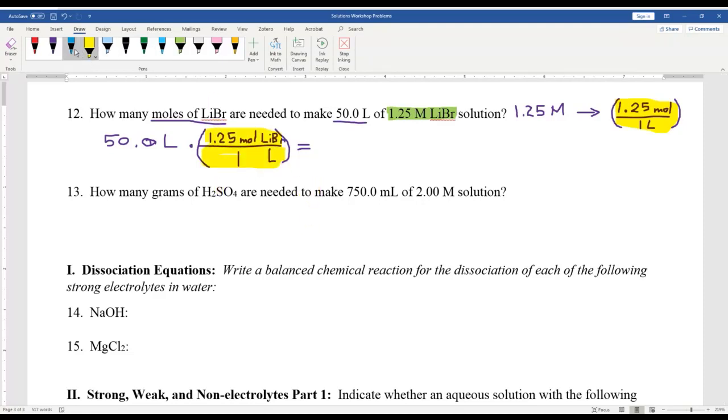And now all I have to do is multiply everything on top and divide by the bottom, and if I do that, I will get 62.5 moles of LiBr. Yay! We're so cool.